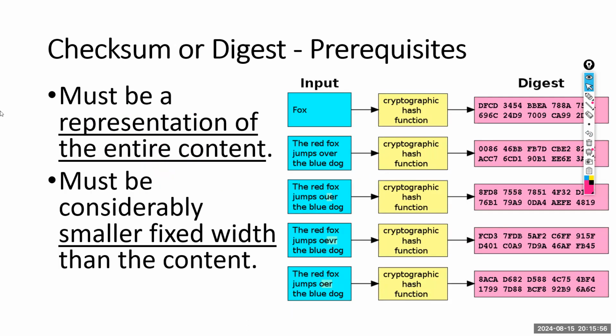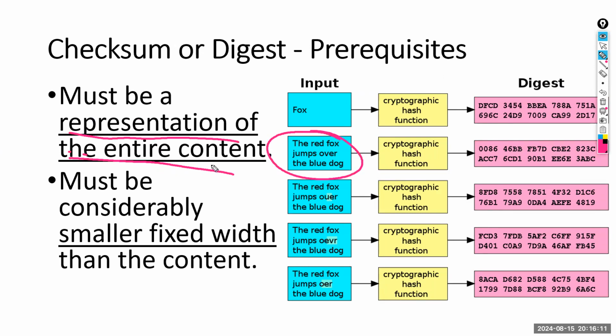So for a digest or checksum or hash, there are some prerequisites. Number one, of course, the digest must represent the entire content. If it doesn't, maybe just part of it, then if someone changes the other part, you will get the same digest and that change is not detected.